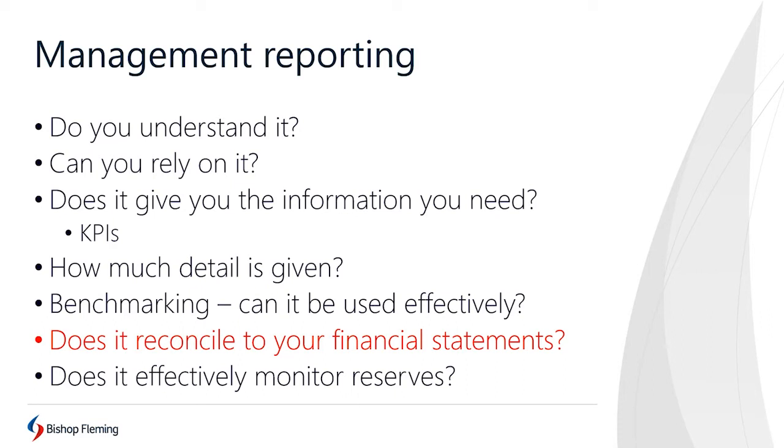If you're in the care sector with a similar hospice, for example, is your staff cost to income ratio consistent? There are lots of measures that different charities will look at to make sure that they are performing in line with best practice. Because it's very easy to fall into the trap of thinking, well, this is what we did last year, so if we're saving a bit of money compared to last year, we must be doing quite well.